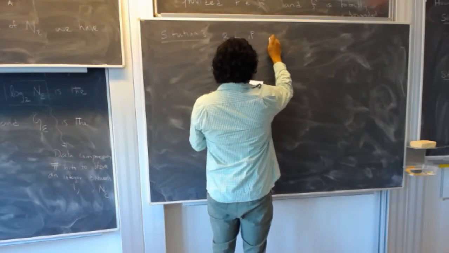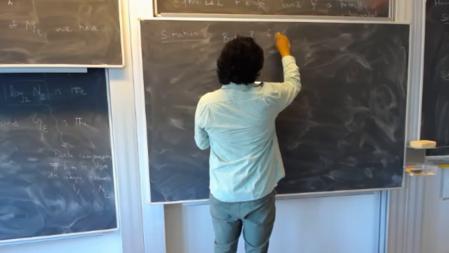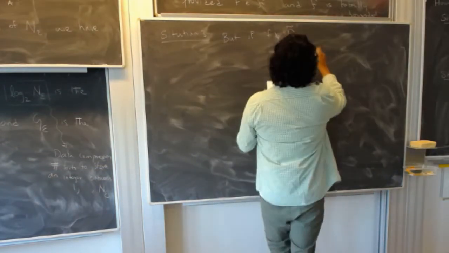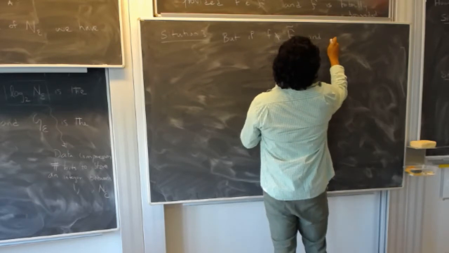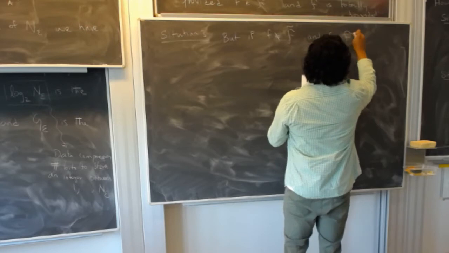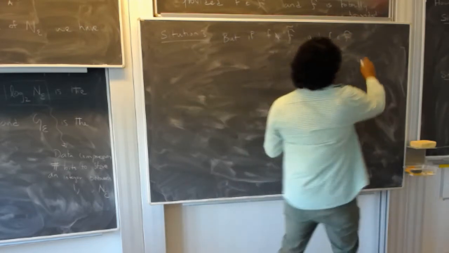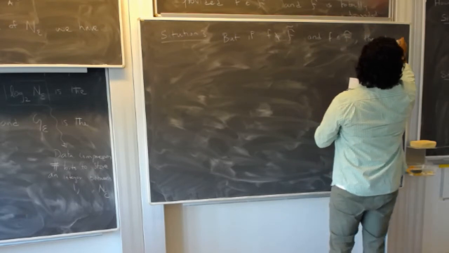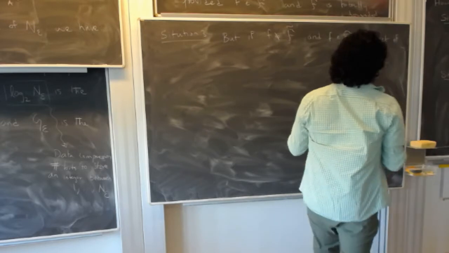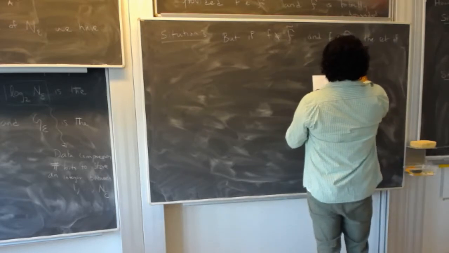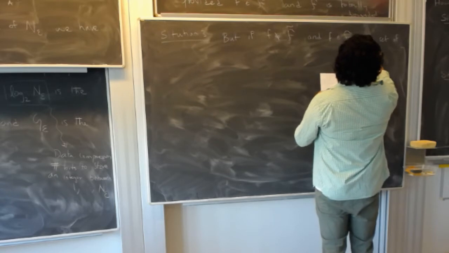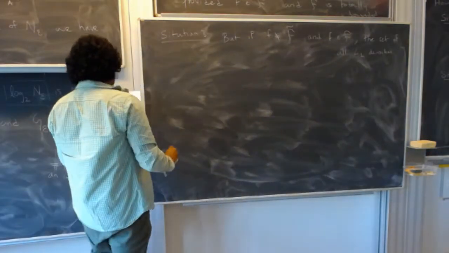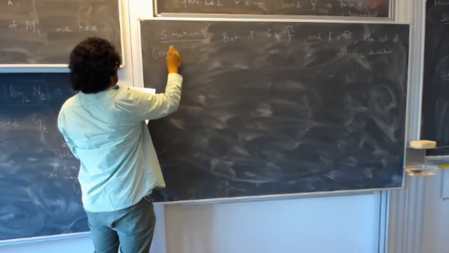What if f is not in my set? f is really in the set of all densities, so it's not in my totally bounded class. Basically, the set of all L1 densities.